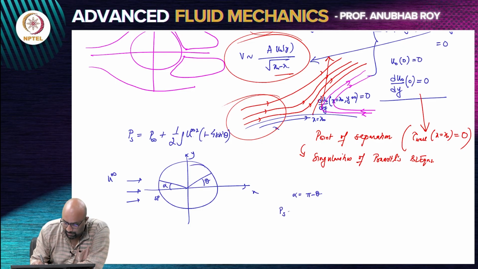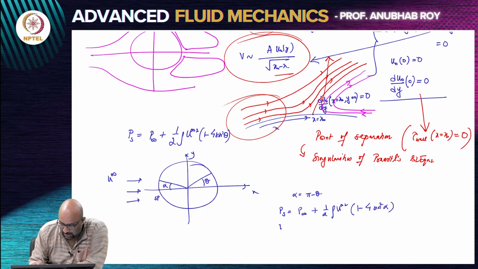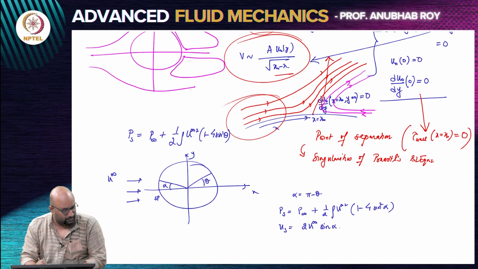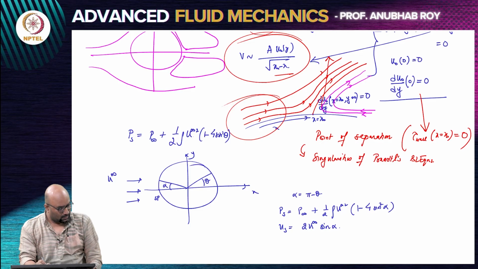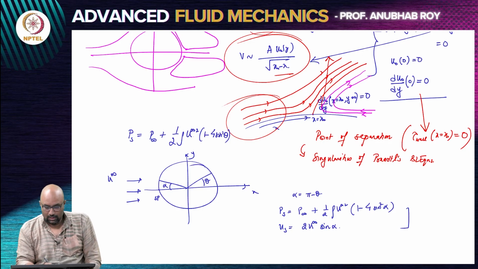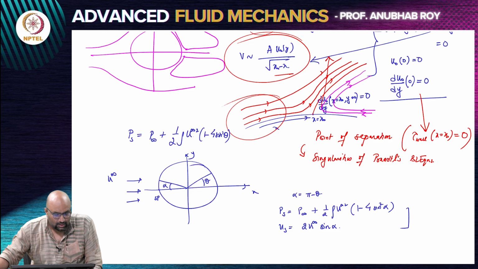So, I can write my Ps as P infinity plus half rho u infinity square, and it will be the same, 1 minus 4 sine square alpha. And the surface velocity is 2 u infinity sine alpha. Right? These are potential flow results. So, what is the pressure gradient?